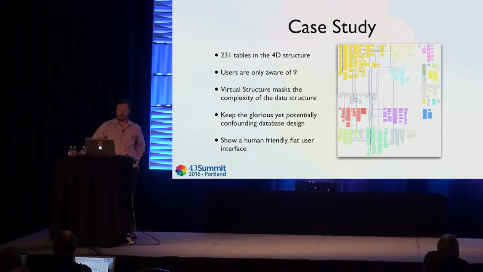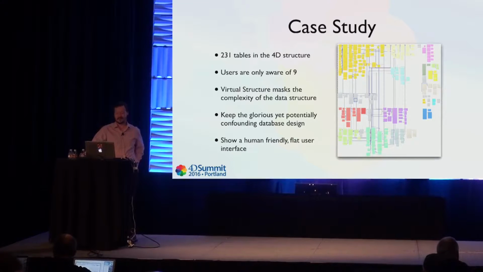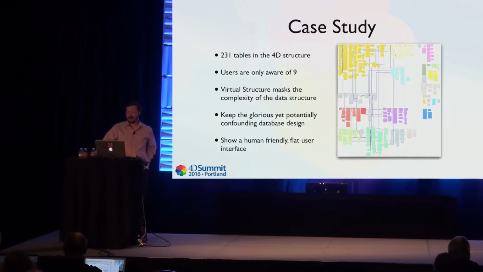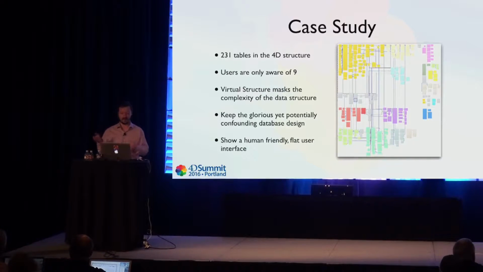The virtual structure masks the complexity of the data structure, so that you can keep the glorious yet potentially confounding database design that you've dreamed up and seems to work in your architect mind, and limit it to a sort of flat list of fields that people don't have to really understand where the data is coming from. It just is that field for them, and they don't have to know the technical side of things.